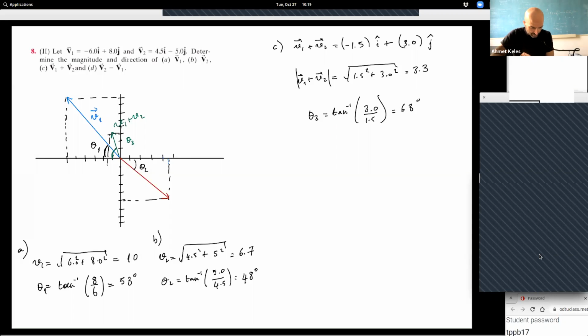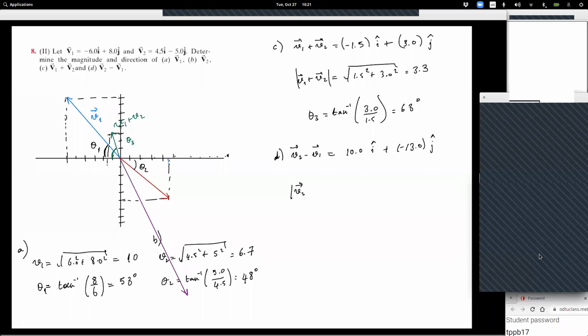And V2 minus V1, let's do this too. A, B, C, D. V2 minus V1. X is plus, maybe 1, 2, 3, 4, 5, 6, 7, 8, 9, 10, something along here. And J is minus something. Professor, sorry for disturbing.